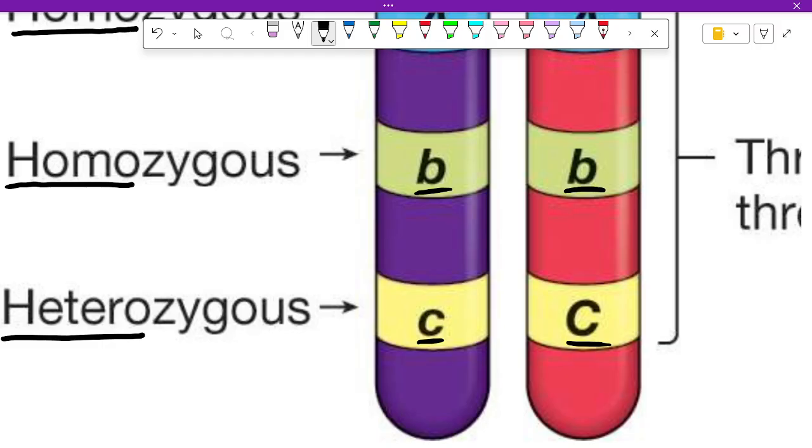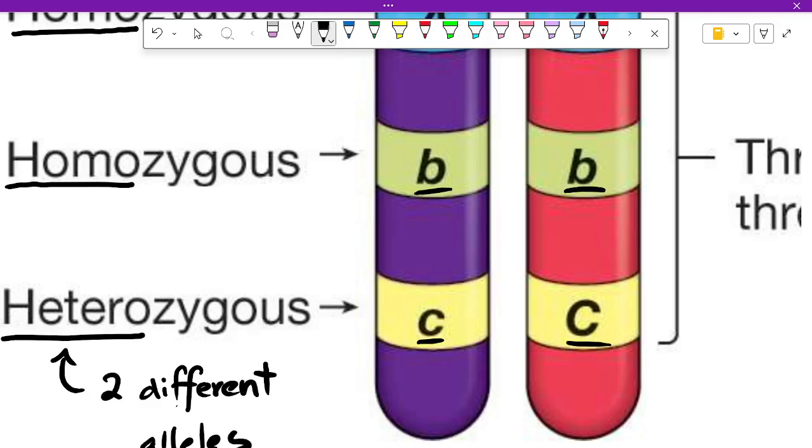Okay, so if you see 2 different letters, that's heterozygous because they have 2 different alleles. Okay?